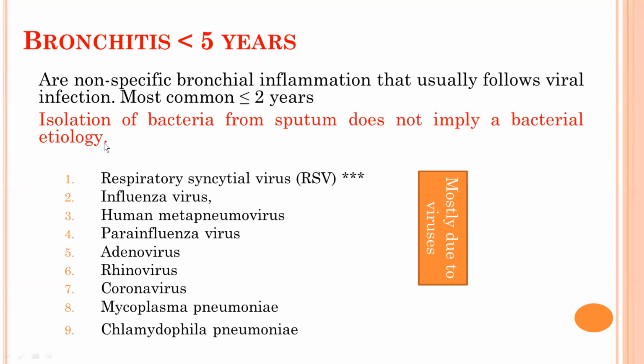Isolation of bacteria from the sputum does not imply a bacterial etiology. Rather, it is colonization. It is also like bronchiolitis, mostly due to virus, and the viruses that cause bronchiolitis are also the same. They also cause bronchitis in less than 5 years of age.